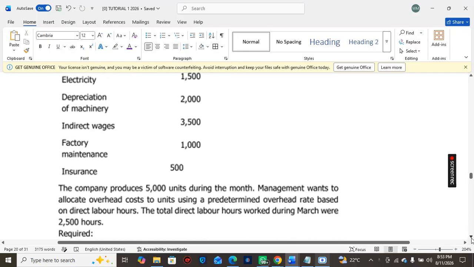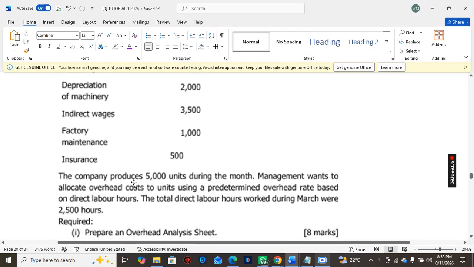The company produces 5,000 units during the month. Management wants to allocate overhead costs to units using a predetermined overhead rate based on direct labor hours. The total direct labor hours worked during March were 2,500 hours.